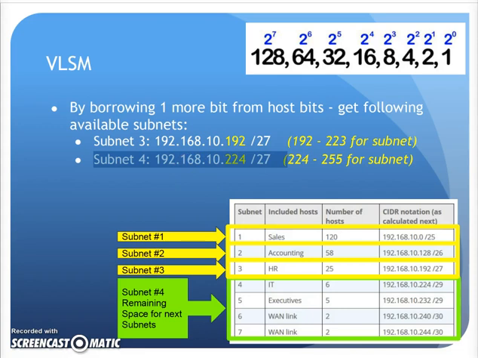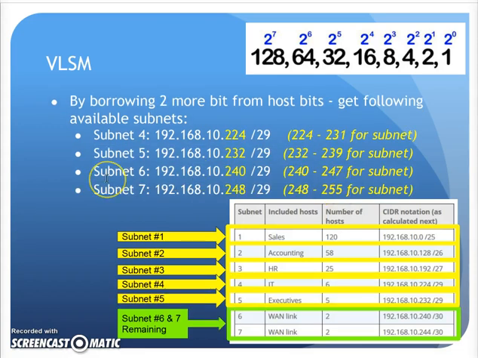Okay, so now I'm going to borrow 2 more bits. So those last 32 numbers, I borrow 2 bits, and that's going to break it even further. It's going to make 4 subnets out of it. So I'm going to break that into 4 pieces. So now I'm going to go by 8s.